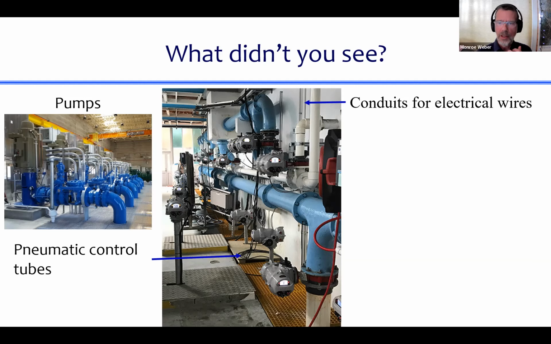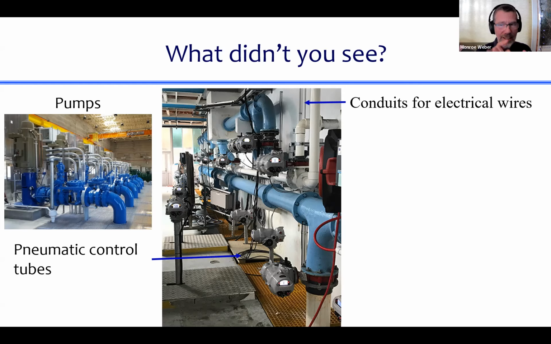So if you want to move a big valve in a water treatment plant, one of the ways of making that big valve open or close is to have a computer that sends a message to close that valve, and that message gets turned into a signal that opens up or closes a little valve that controls air.